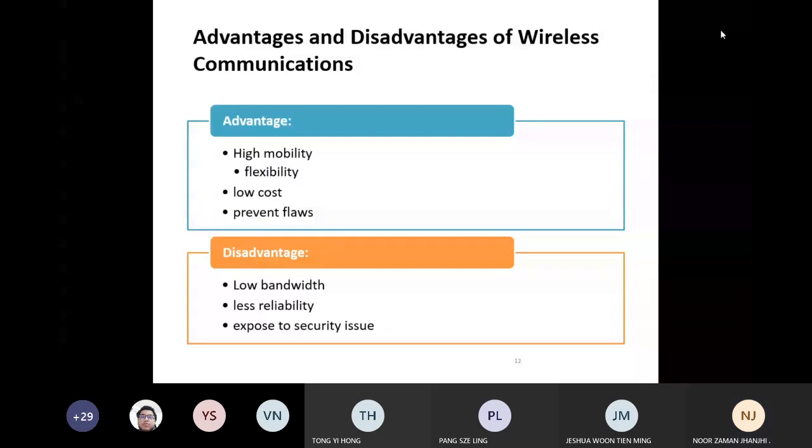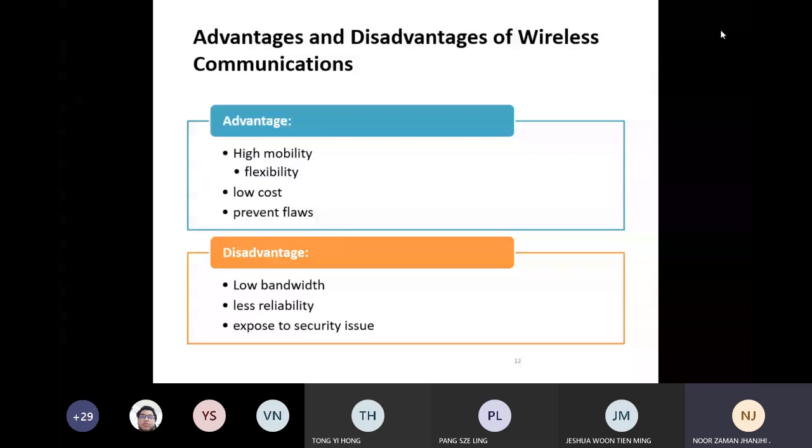Disadvantages. The major disadvantage is low bandwidth and less reliable. Less reliable means not just with concern to security, but that wireless networks are not reliable in terms of bandwidth.